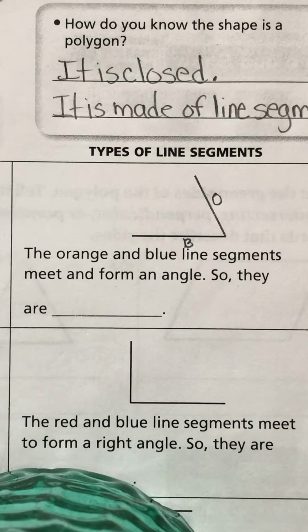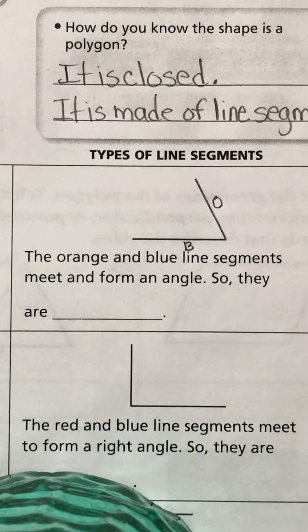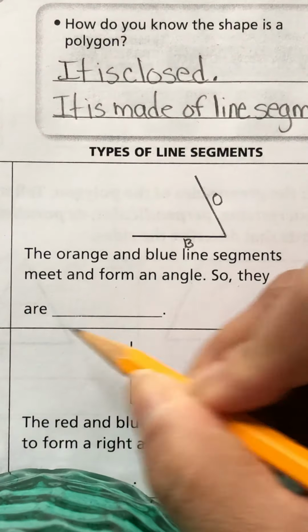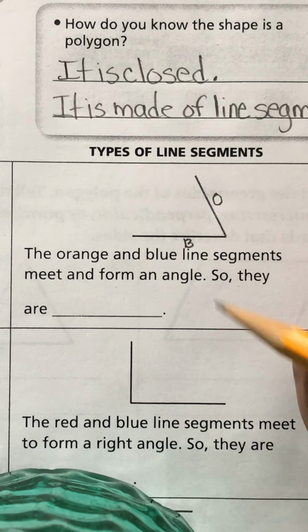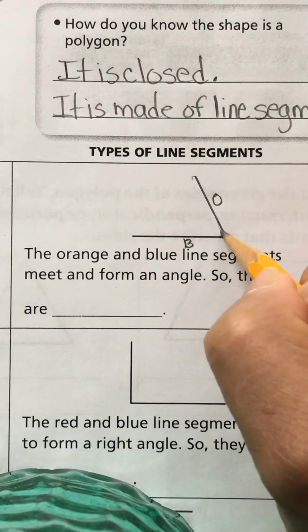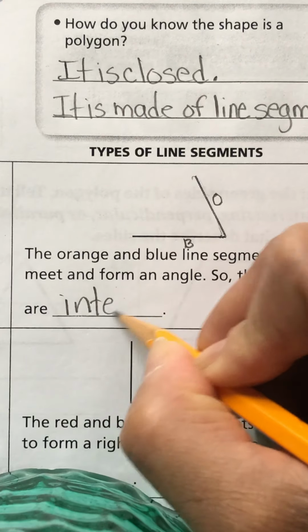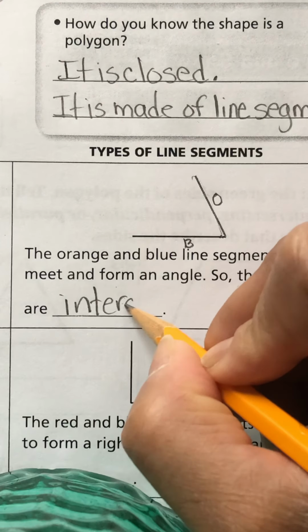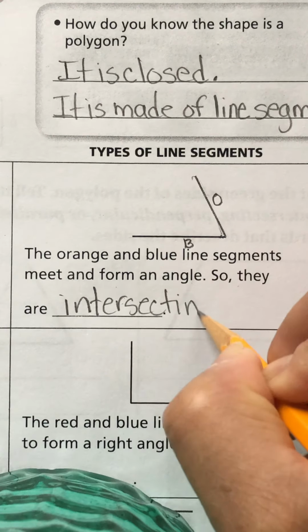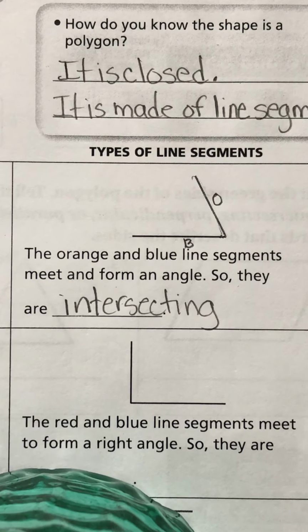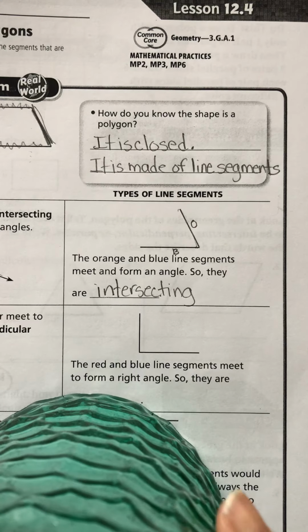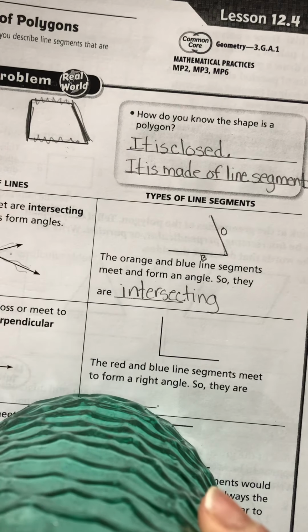So they are intersecting, because intersecting lines form angles. It formed an angle. They met. So please write intersecting here. All right, moving on. All right, you got that? You can copy it from right over here on this side.